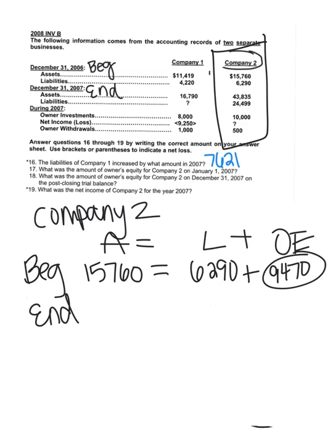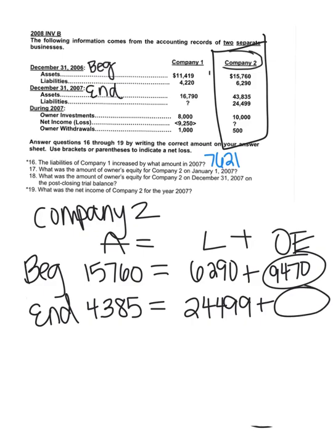Okay, now let's move to the end of the year. So I know that ending assets were $43,835. Ending liabilities were $24,499. And once again, I can just subtract those to figure out, whoops, I wrote this one wrong, $43,835.